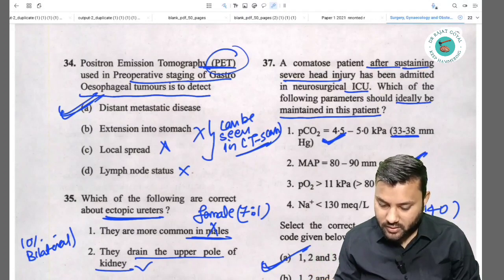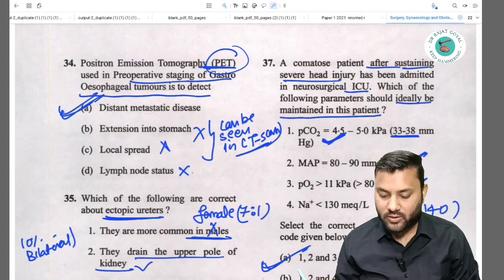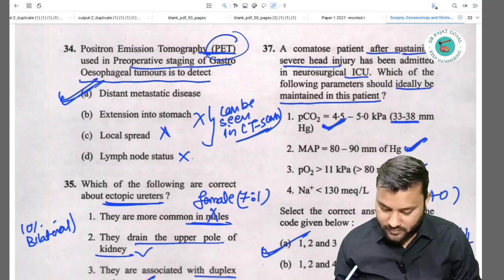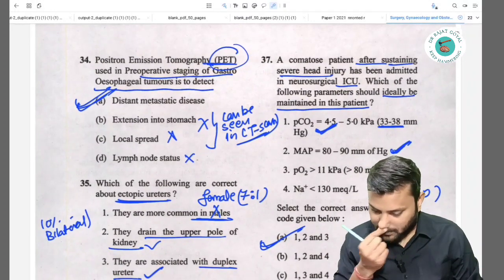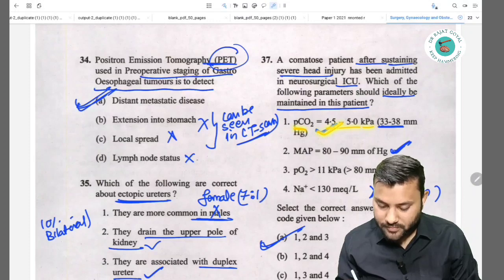A comatose patient after sustaining severe head injury has been admitted in the neurosurgical ICU. Which of the following parameters should ideally be maintained in the patient? So, PCO2 should be maintained between 4.5 to 5 kilopascal. Yes, this is true.